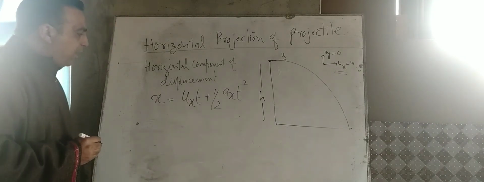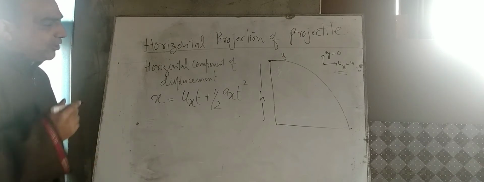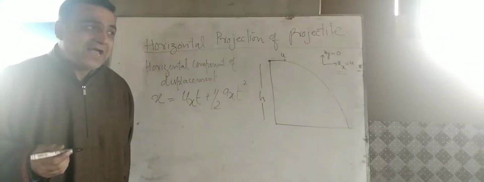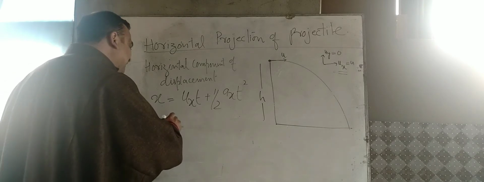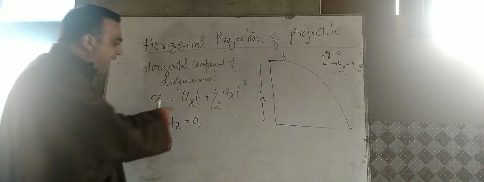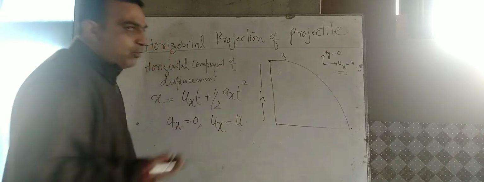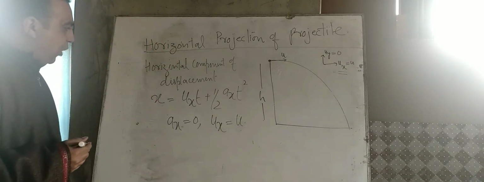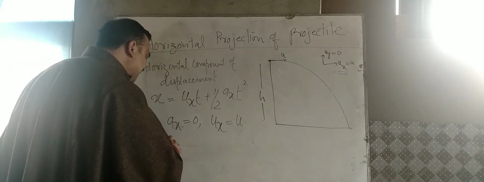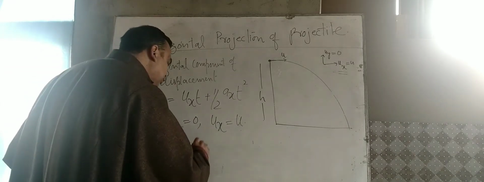Now, we know that whenever we have a projectile motion, the horizontal acceleration is always 0 because there is nothing that is attracting this projectile horizontally. That means ax = 0. And ux can be treated as u because uy is 0. So what this equation boils down to is that the horizontal displacement x must be equal to ut.